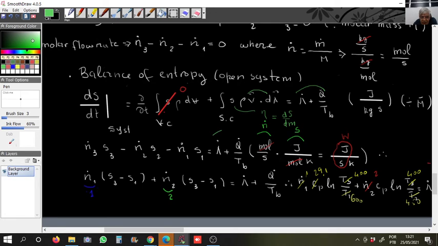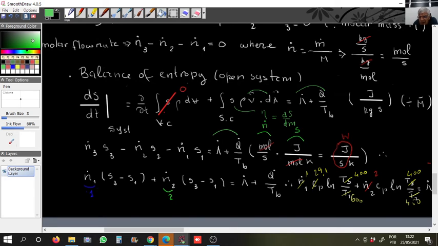Now, just for you to understand, this is moles per second times joules per mole per K. So the result is joules per second per K. So this is power divided by K. Each term here has this dimension.